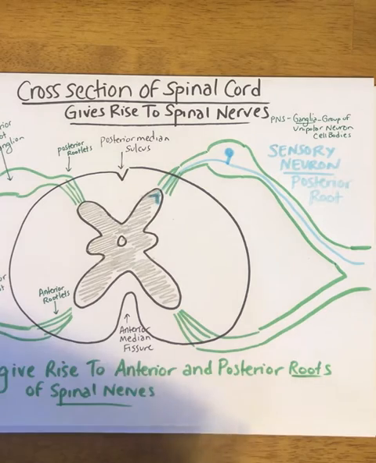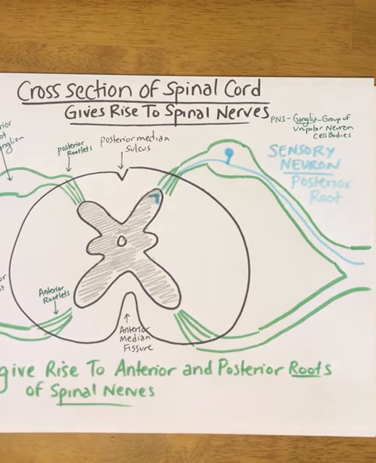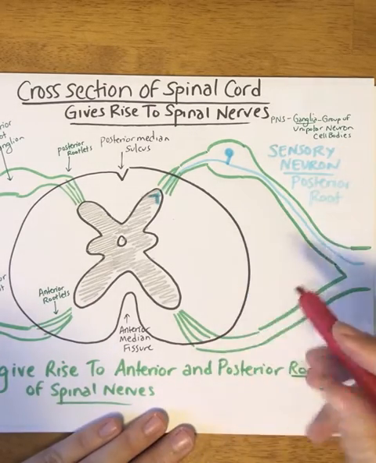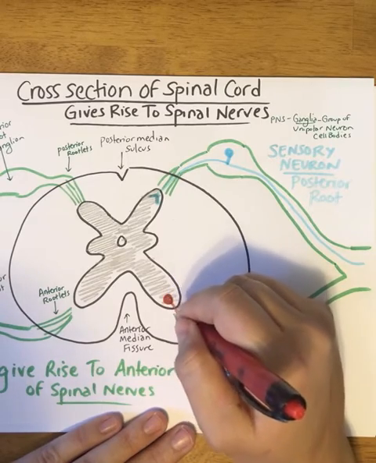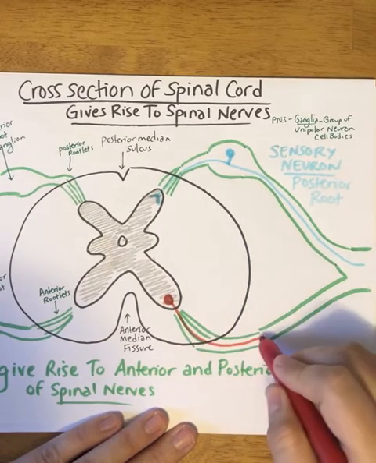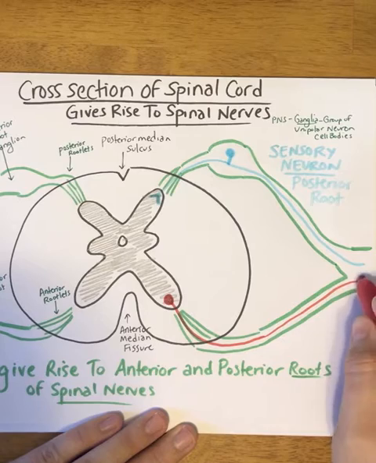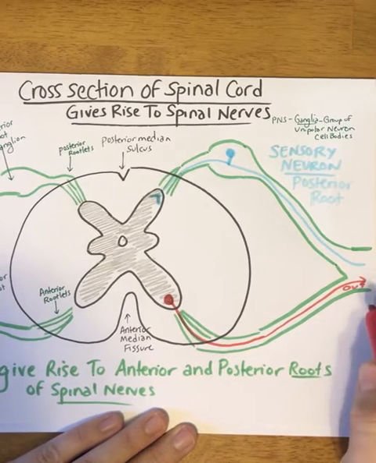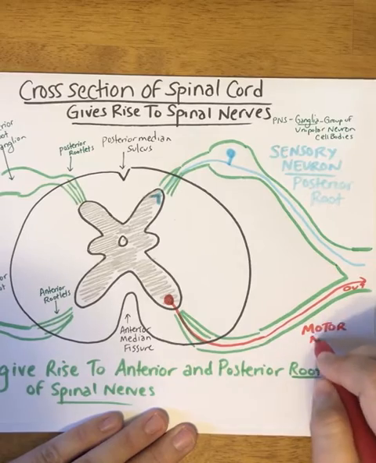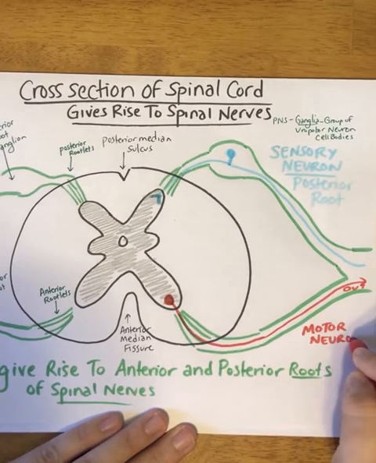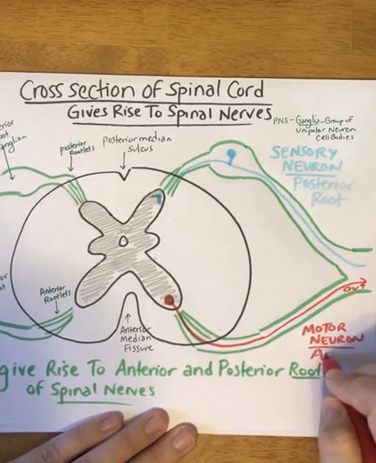And motor neurons are always going to originate in the anterior horn. They're going to travel out through the anterior root. So they're going out. So motor neurons are always going to be in the anterior root.